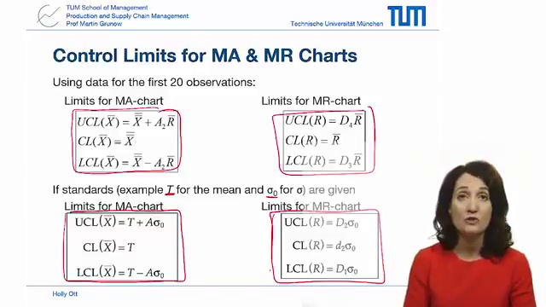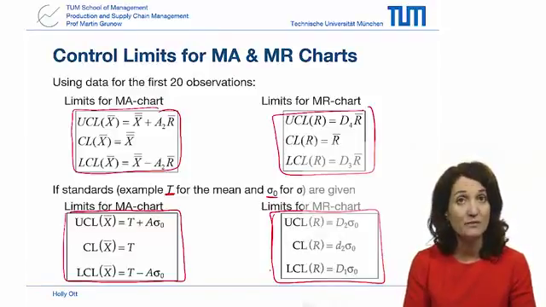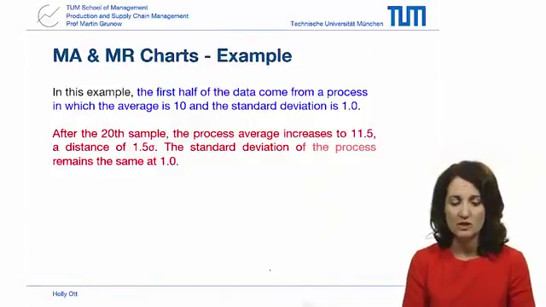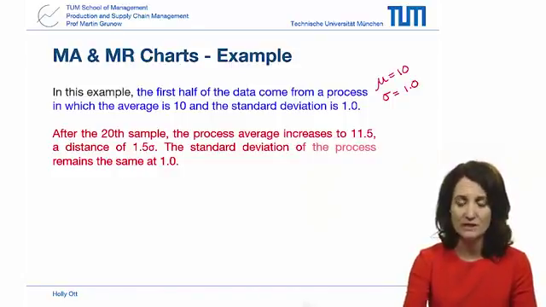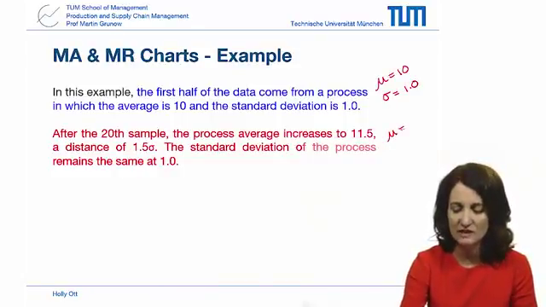What we'd like to show you, though, is the example and compare it to the example with the X chart. Don't forget, before we had the first half of the data coming from a process where the mean was at 10 and the sigma was at 1, and then after 20 samples, the mean shifted to 11.5.